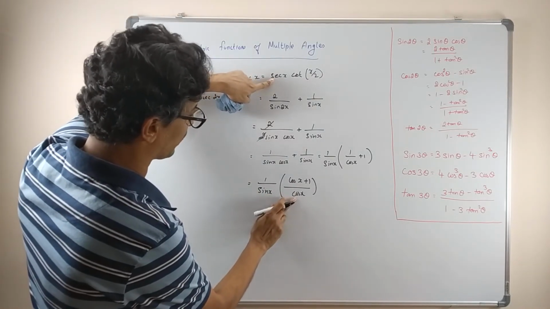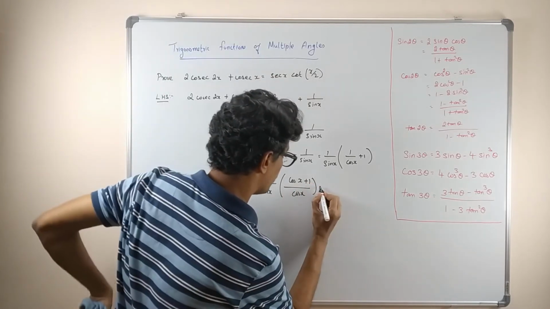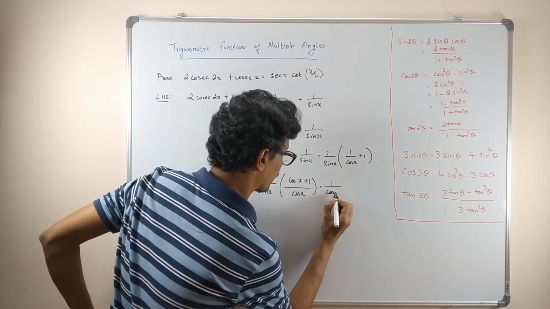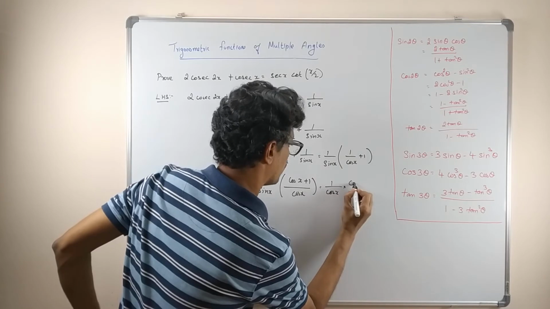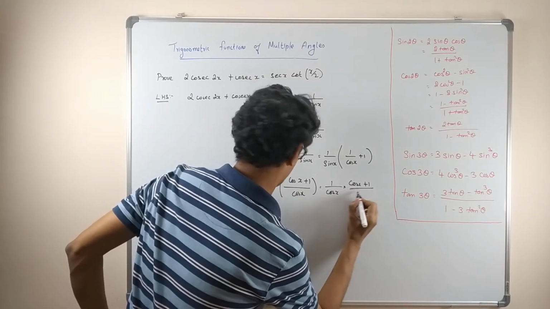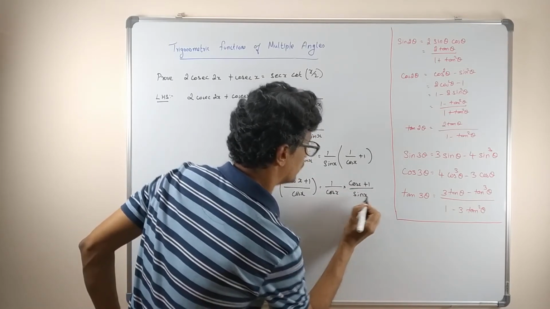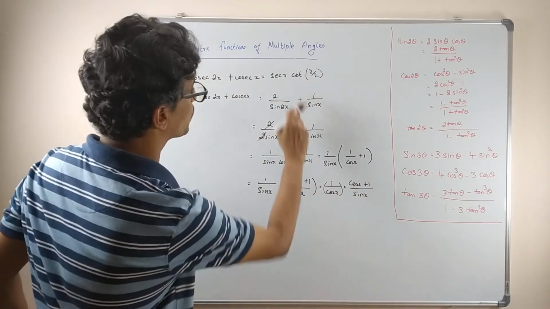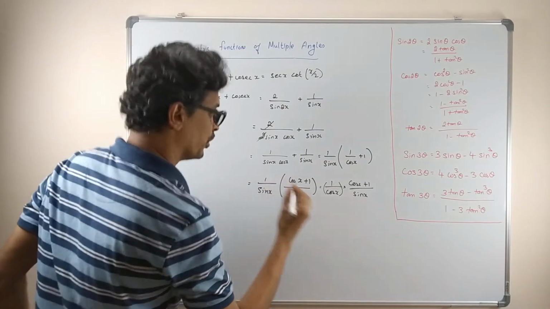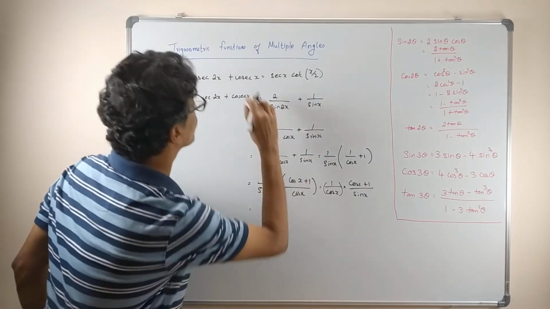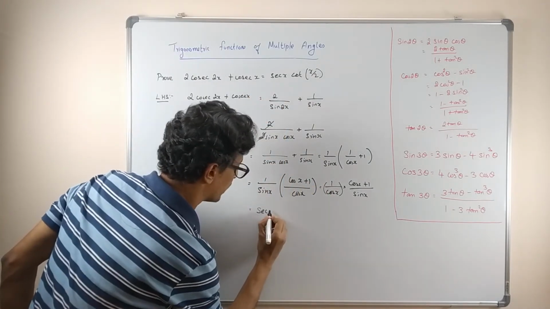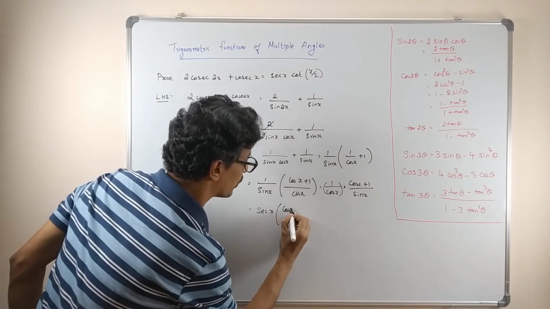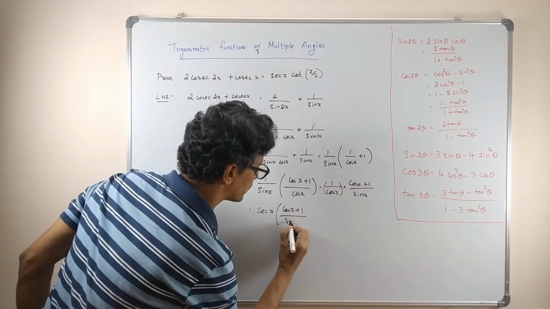That is nothing but 1 by cos x. So this will be 1 by cos x into cos x plus 1 divided by sin x. So we got the first term, secant x. Now the remaining term has to be expressed as cot x by 2. So 1 by cos x is secant x, into cos x plus 1 divided by sin x.